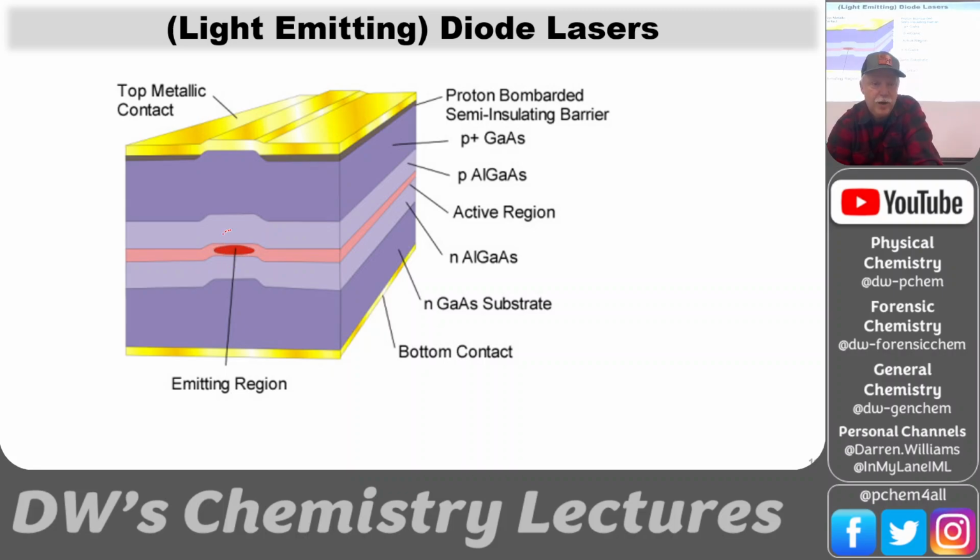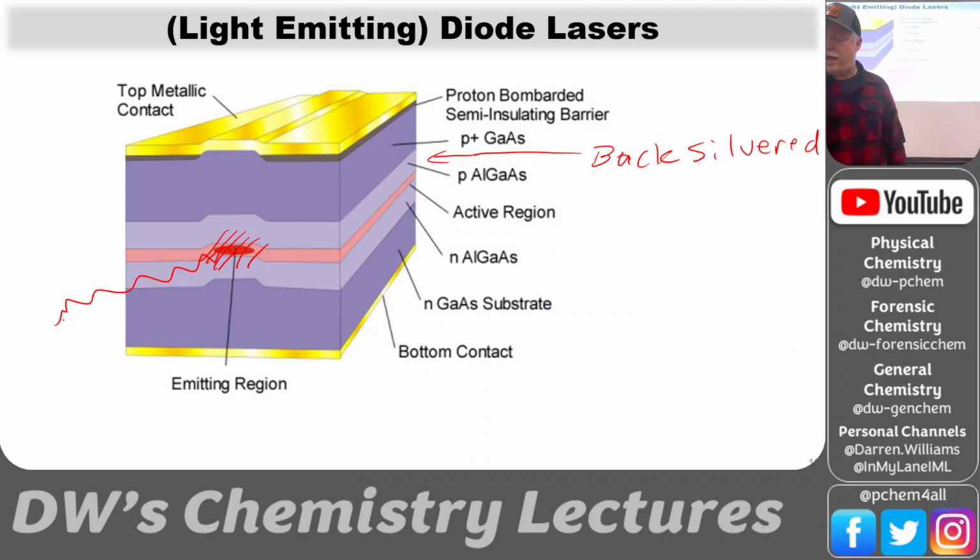You can partially silver the front and silver the back, and then the laser comes out of the front. That's what we have in our laser pointers, a diode laser. It's super easy to make with our fab techniques, super low power, and we can run it on tiny little batteries.